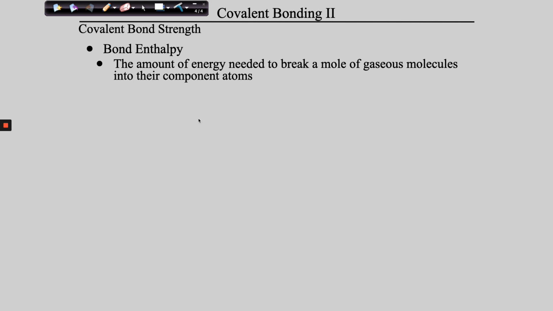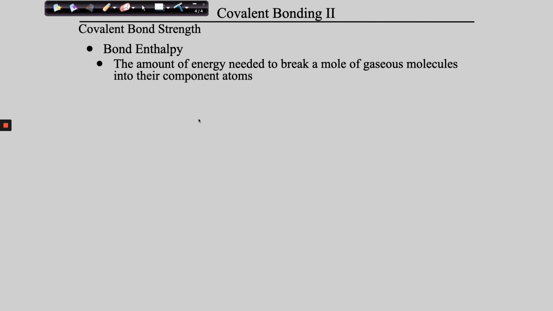That is the definition. But guys, it's important that you understand why it's important that this is a gas. Actually, here, I want to do this instead. Okay, so here we have a water molecule.